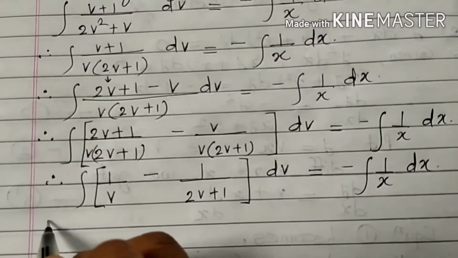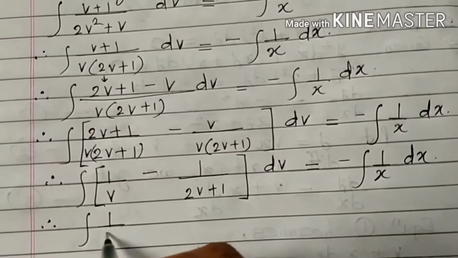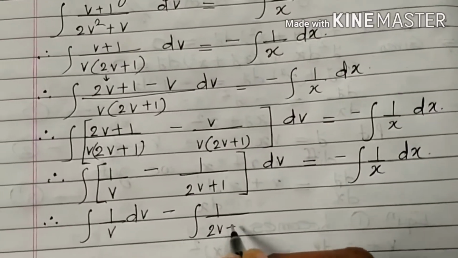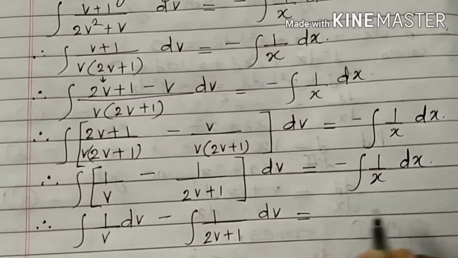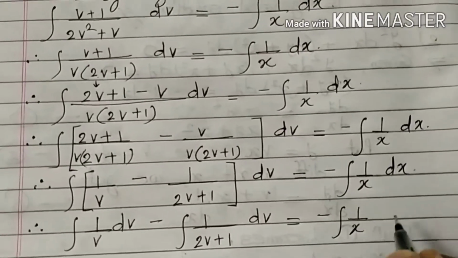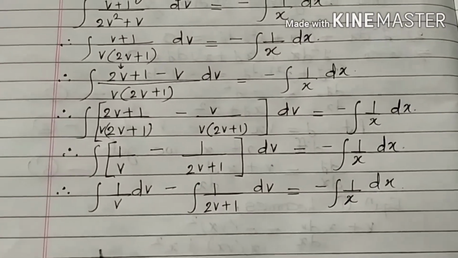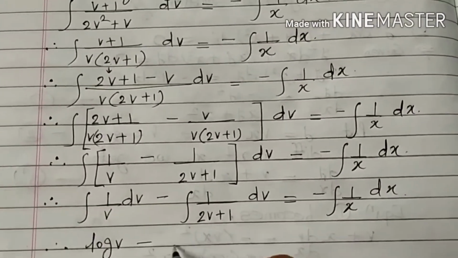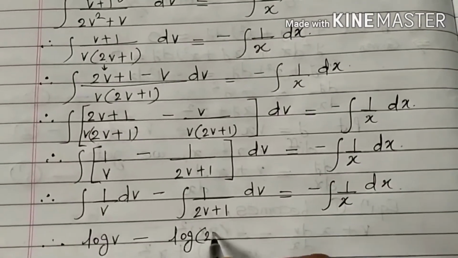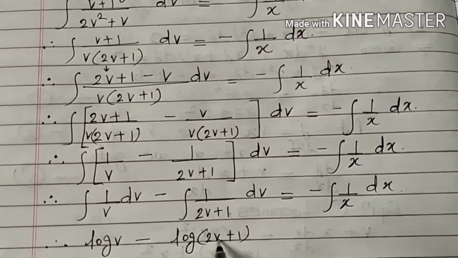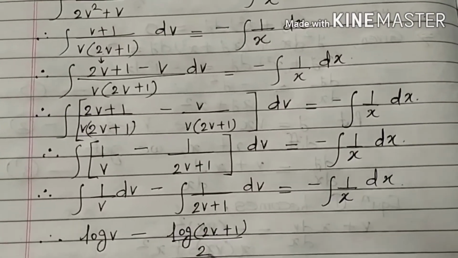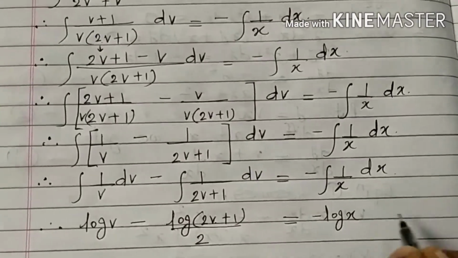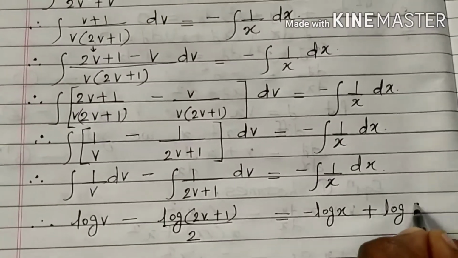Now separate the terms of integration, so it is integration of 1 upon v dv minus integration of 1 upon 2v plus 1 dv, which is equal to minus integration of 1 upon x dx. Okay. So therefore integration of 1 upon v is log v minus log 2v plus 1, but 2 is multiplied to v, so that is why it is divided by 2, which is equal to minus log x, and the constant of integration is log c.